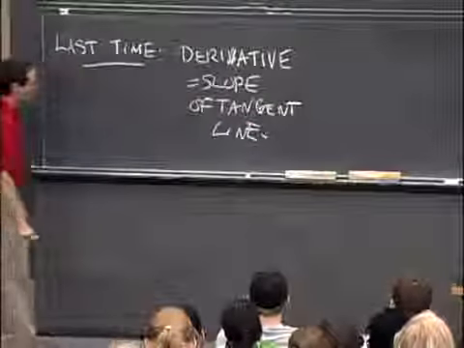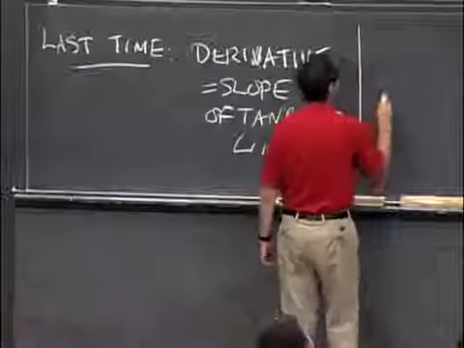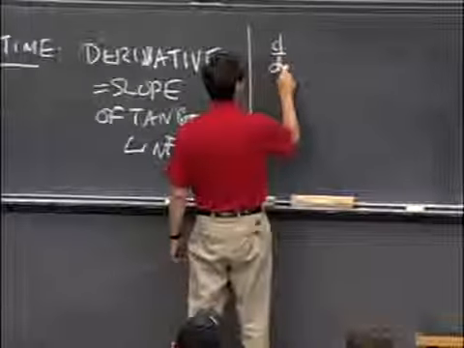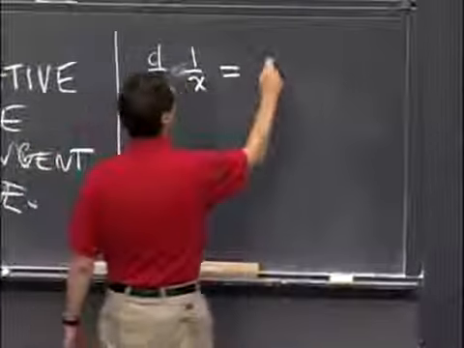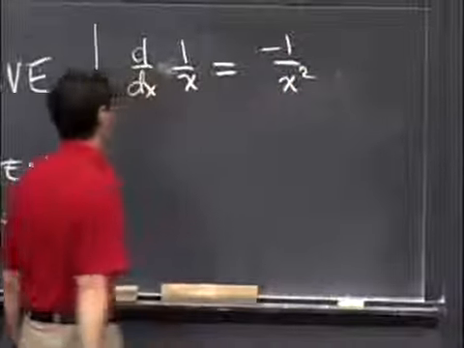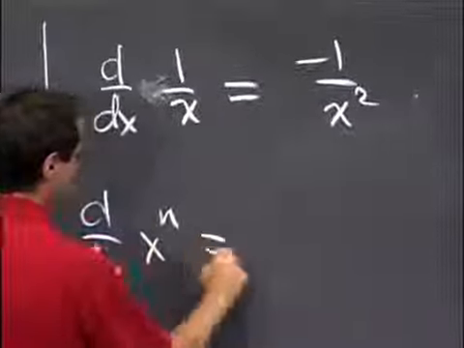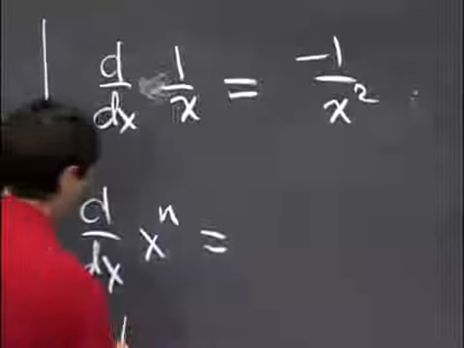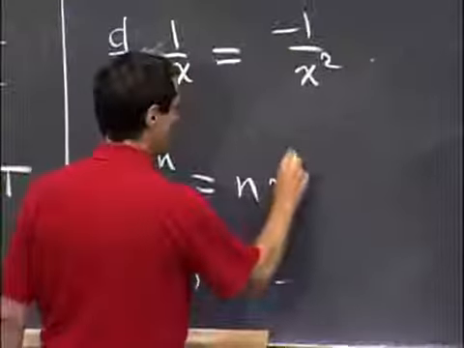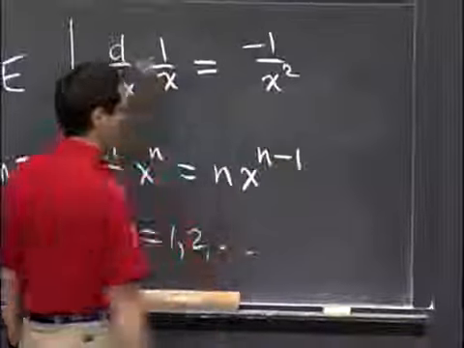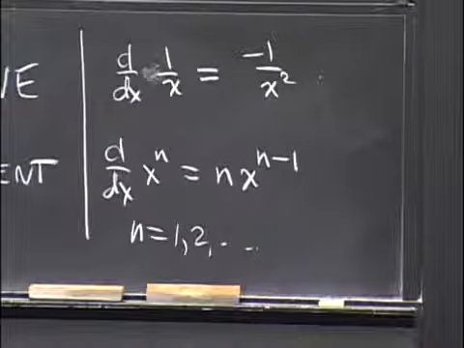So that was our geometric point of view. And we also did a couple of computations. We worked out that the derivative of 1 over x was minus 1 over x squared. And we also computed the derivative of x to the nth power for n equals 1, 2, etc. And that turned out to be nx to the n minus 1. So that's what we did last time.